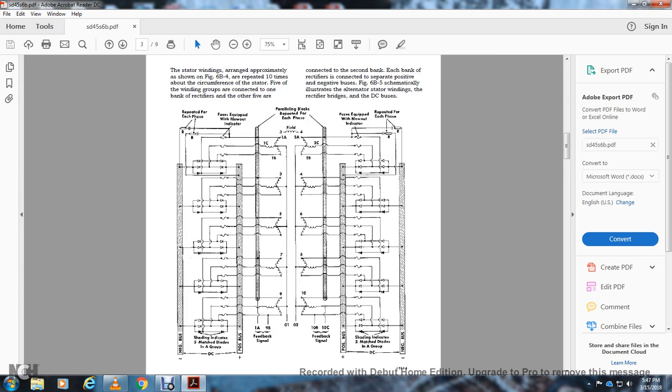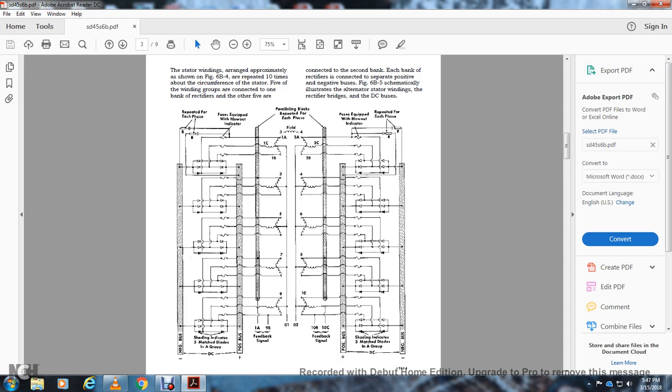Alright, in the middle you have your parallel blocking, repeated A-phase rectifiers. You see the three windings of 1A, B, and C, 2A, B, and C, and then going down 3, 4, 5, 6, 7, 8, 9, 10 poles. Feedback signal at the bottom, on the line to the field.